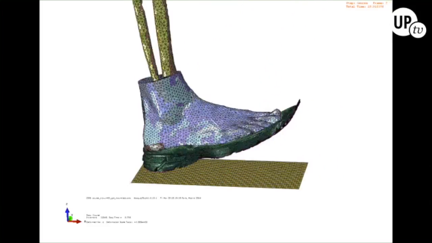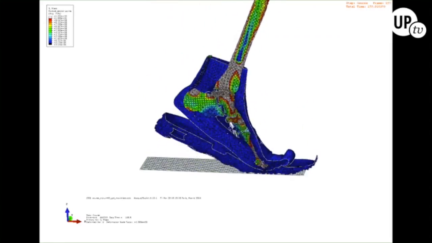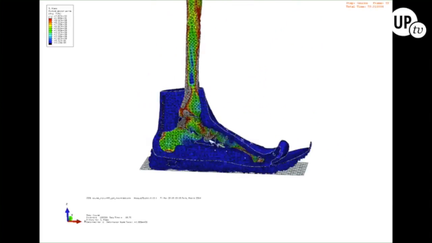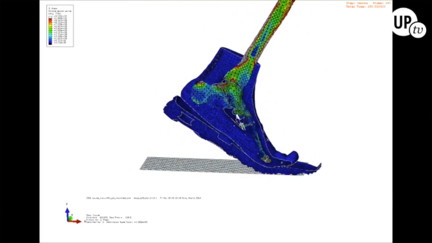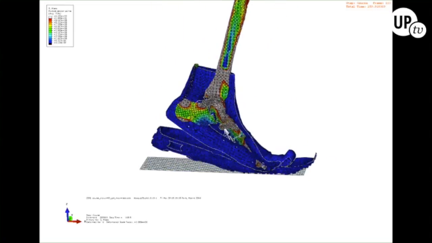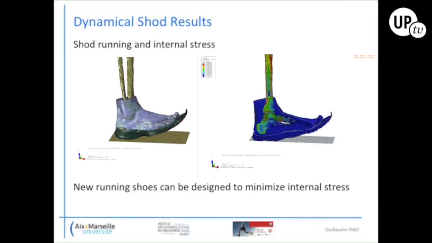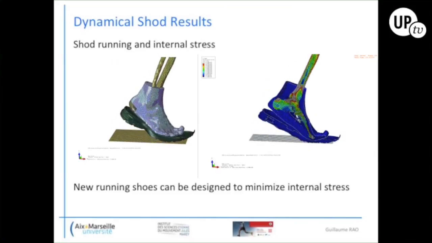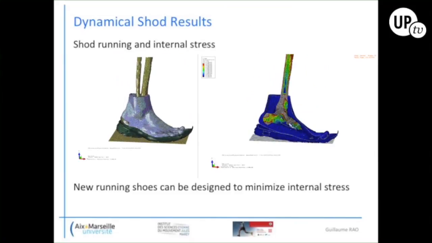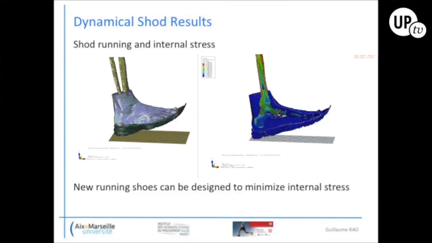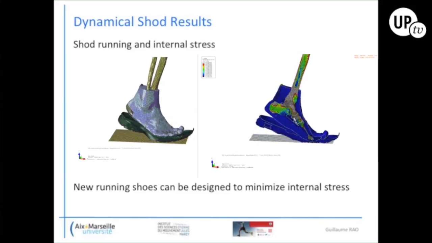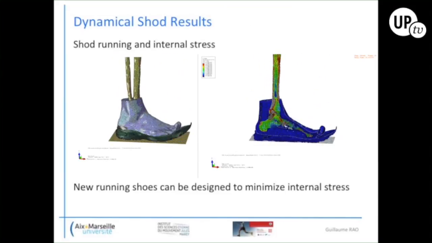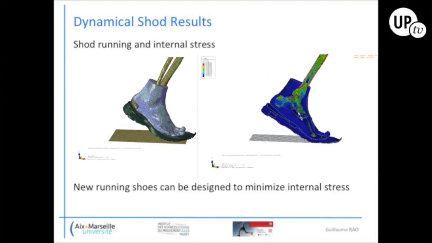And what's interesting is that now we can have access to the internal stresses, the internal loads, while the motion is performed. And focusing on these loads, new running shoes can be designed, for example, to minimize internal stress in order to avoid stress fracture or other injuries that can occur while running.